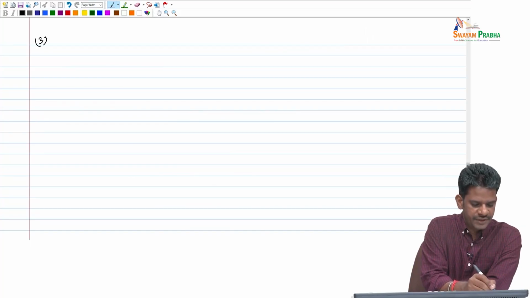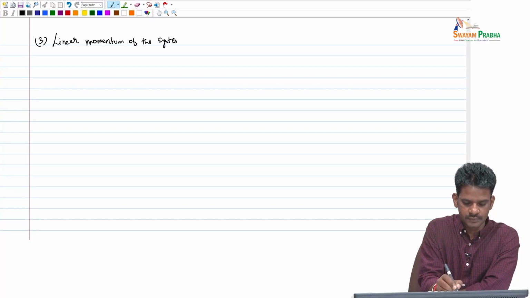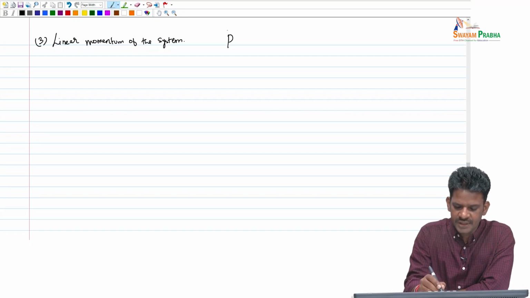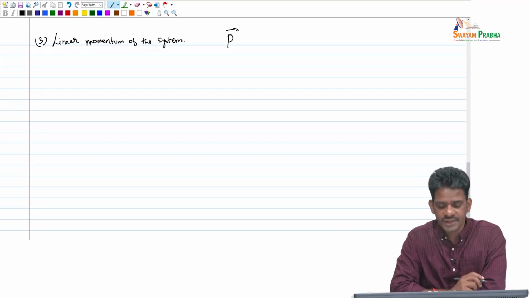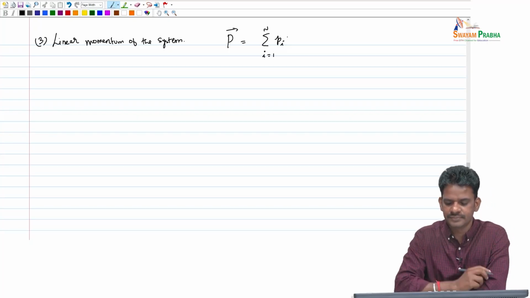Now, the third quantity of interest is the linear momentum of the system. So we define this linear momentum with a capital P. It's a vectorial quantity which is nothing but the sum of i equal to 1 to N of all the particles' momenta.